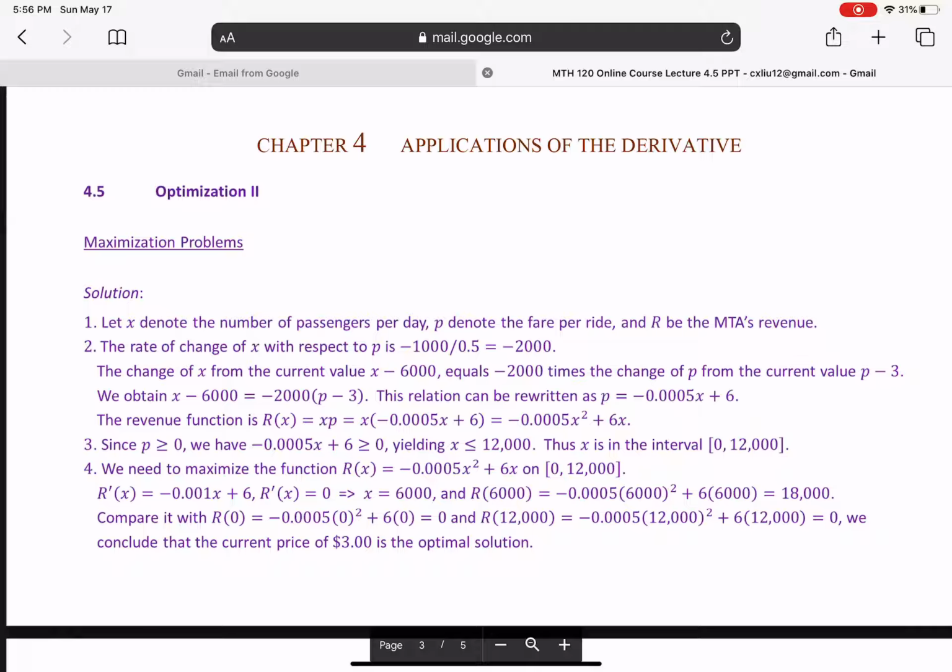Let x denote the number of passengers per day, p denote the fare per ride, and R be the MTA's revenue. The rate of change of x with respect to p is just negative 1,000 over 0.5, which is negative 2,000. We know for each raise of 50 cents in the fare, we have a reduction of 1,000 passengers.